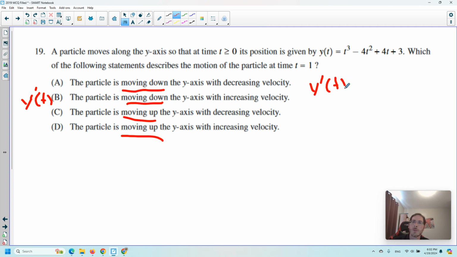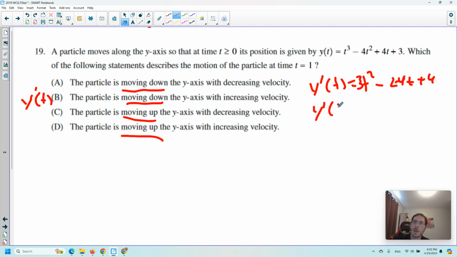So y prime of t is t squared times 3 minus 2 times 4 t, yep, that's this one right here, plus 4 plus 0.